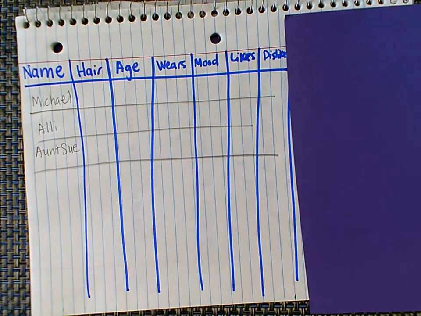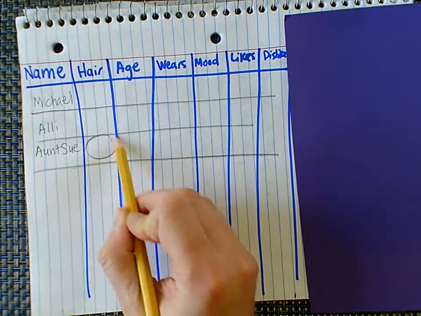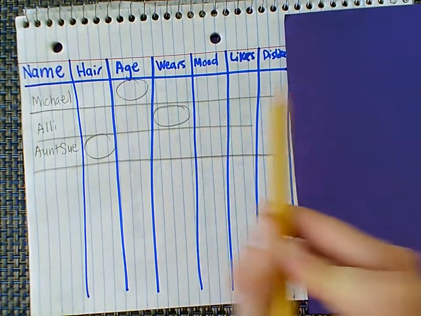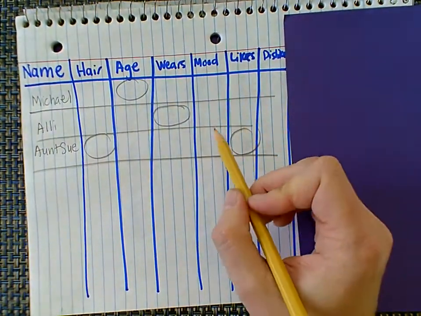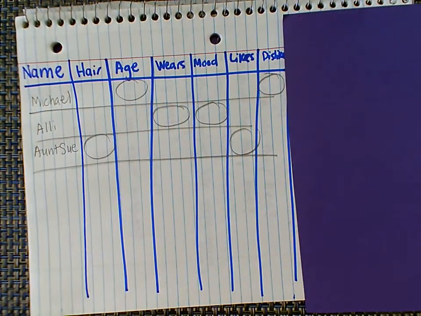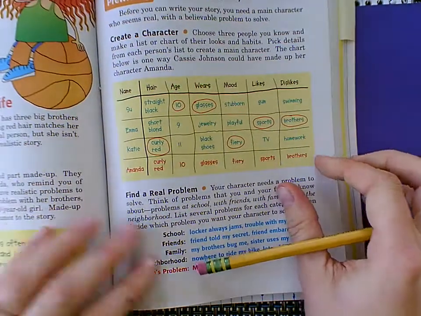And then eventually, once you've created a list of those characteristics, pick characteristics from the different people that you know. And you'll end up with your own new character, kind of like this example right here.